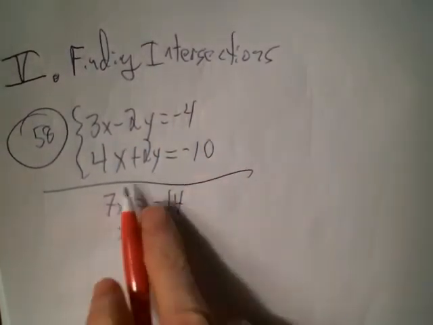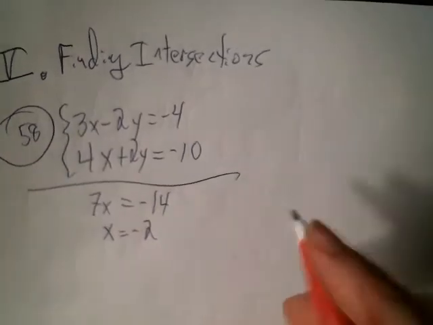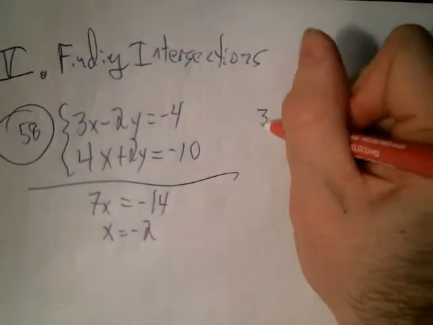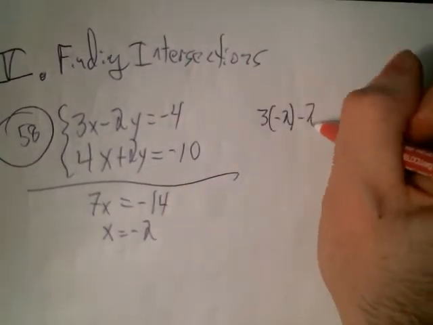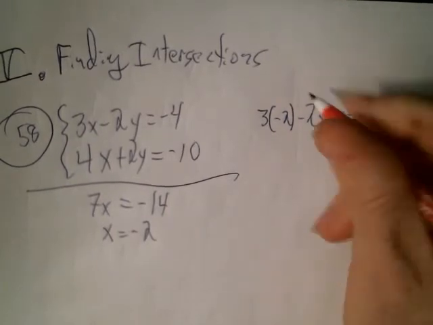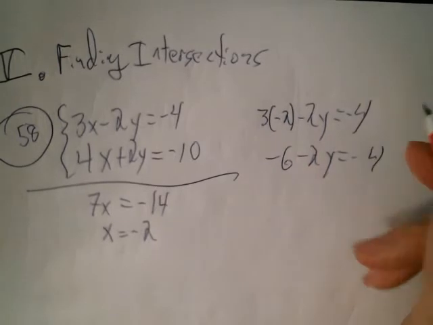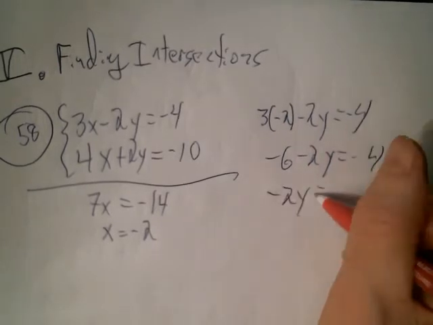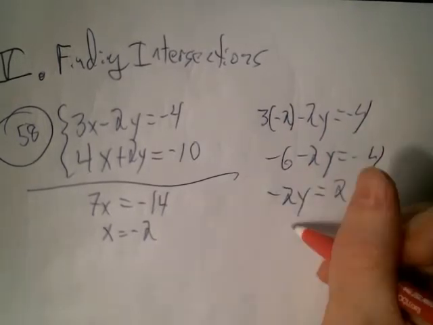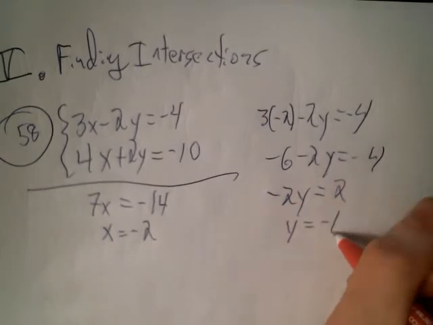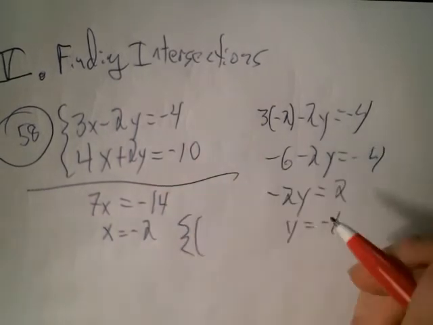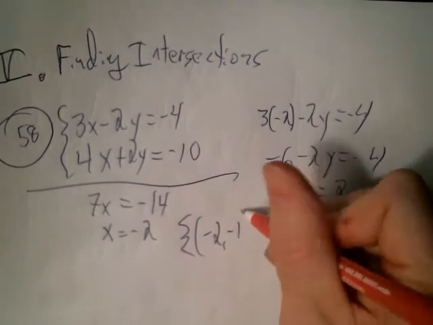Then you plug that back into any equation that has both unknowns. So 3 times negative 2 minus 2y is negative 4. So negative 6 minus 2y is negative 4. So negative 2y is positive 2. So y is negative 1. And the solution to that system is (negative 2, negative 1).